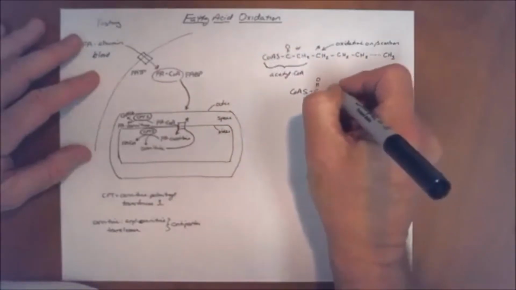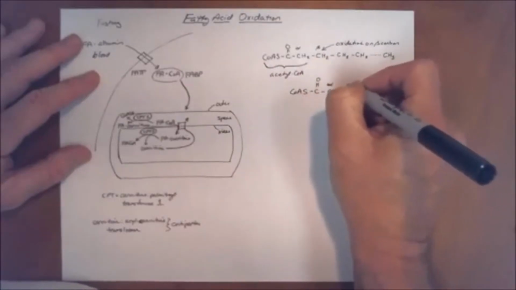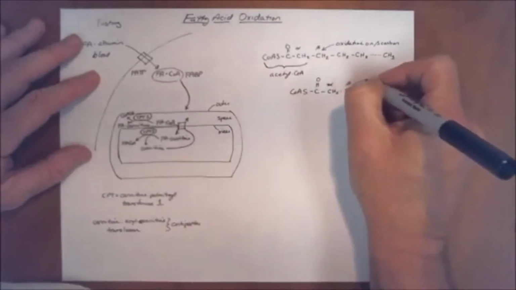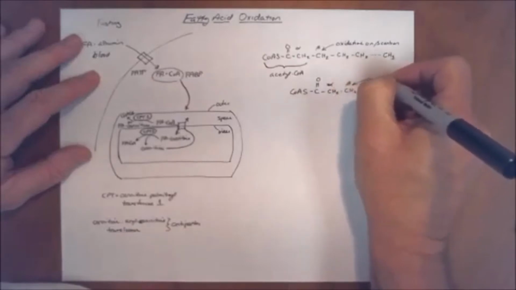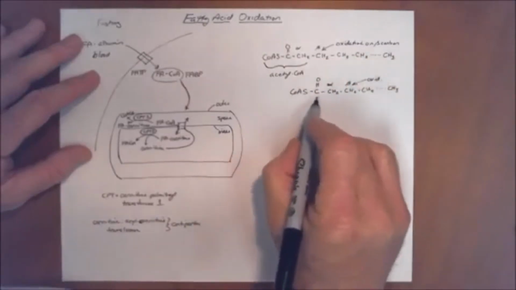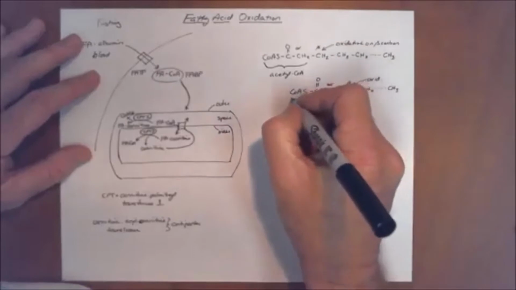Now, this reaction here, the oxidative reactions on the beta carbon, will be necessary in order to turn the beta carbon into a carbonyl.